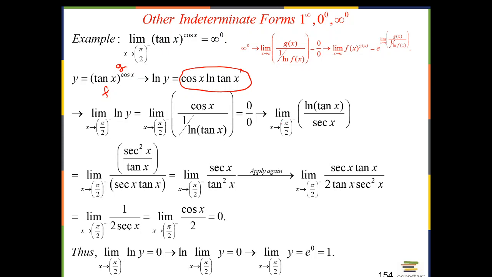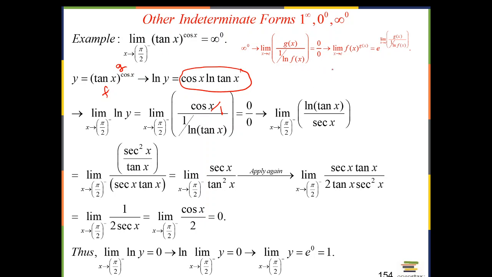So that would be the limit of, if you write it in this form, cosine over 1 over ln tangent, right? So it would be ln tangent over secant. You know, instead of writing cosine, we write secant, right? That's the same thing.